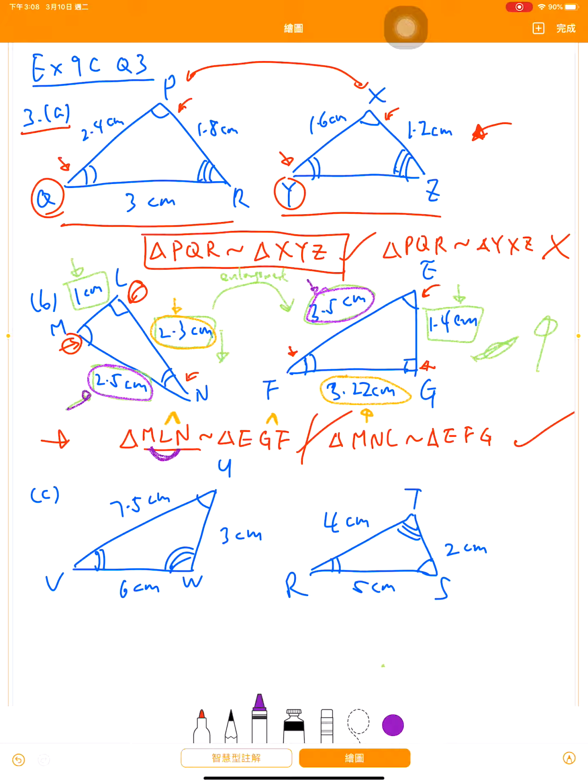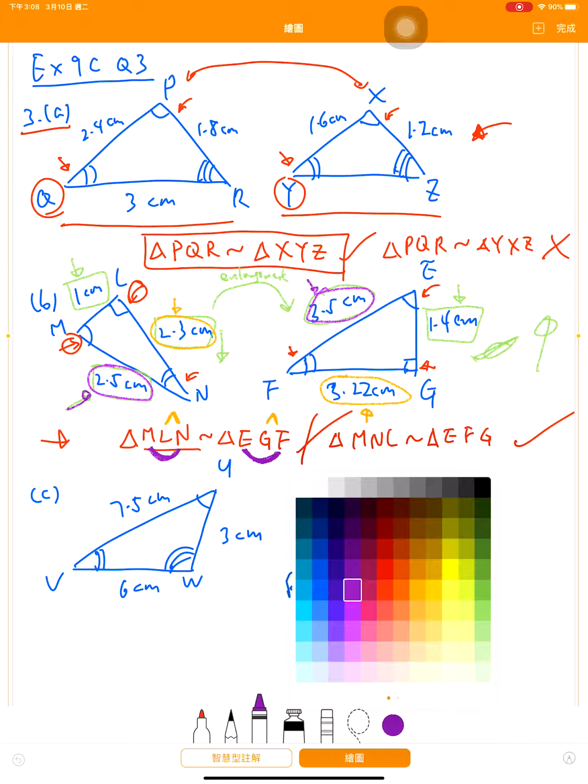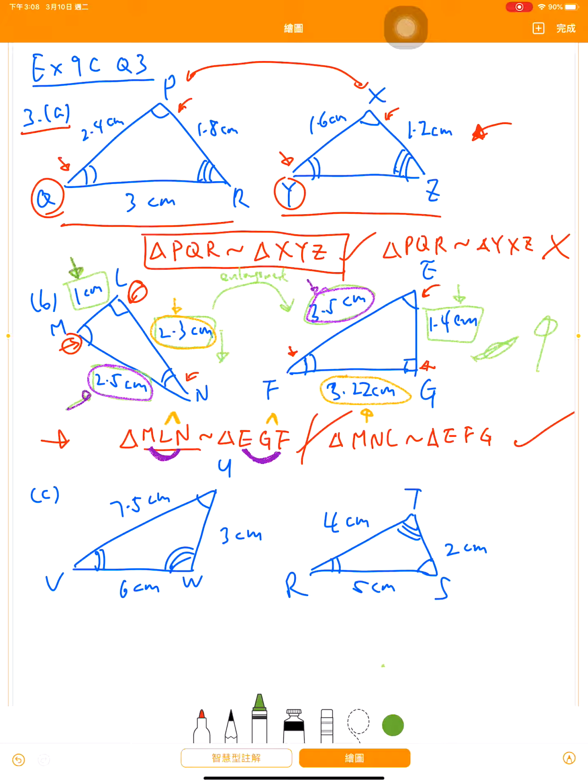Then it corresponds to EF. You can see the same, right? 1 and 3, 1 and 3, right? For the green one, that is this one, the shortest one, that is ML. And then corresponding in the right triangle is the EG.